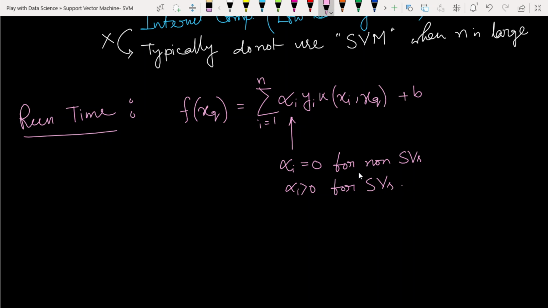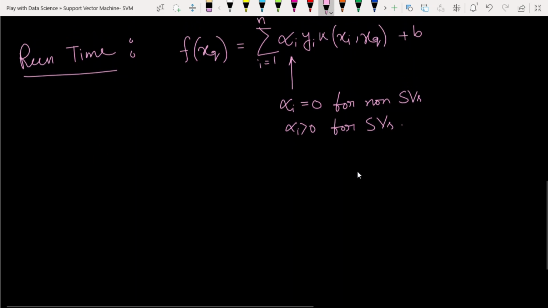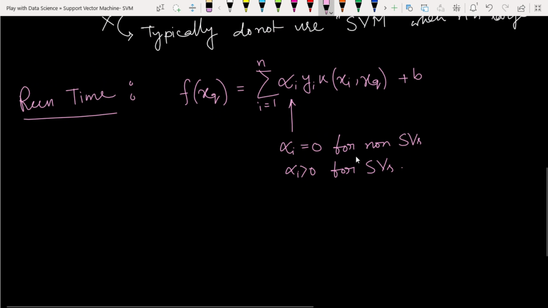So this function does not depend on non-support vectors; it depends only on support vectors.